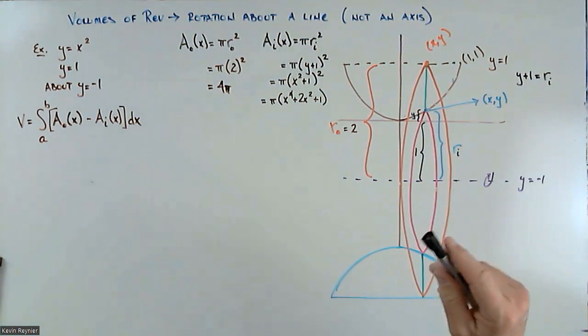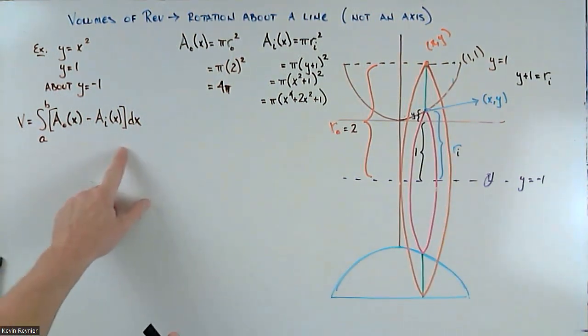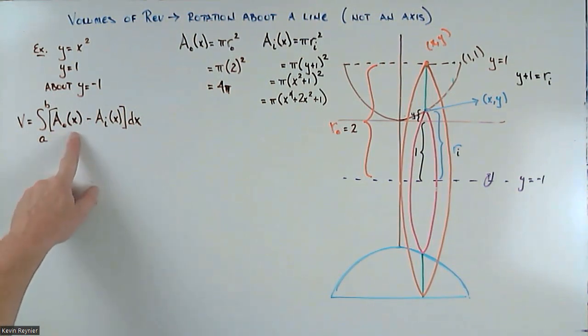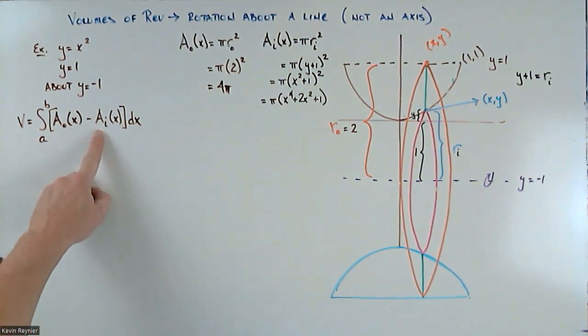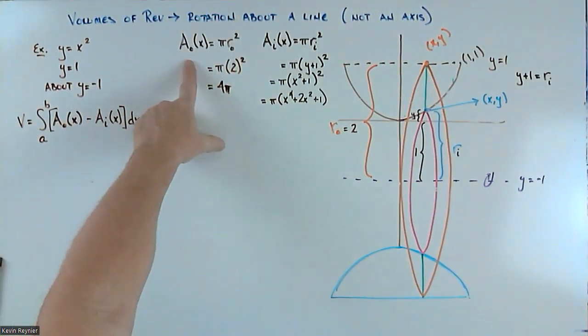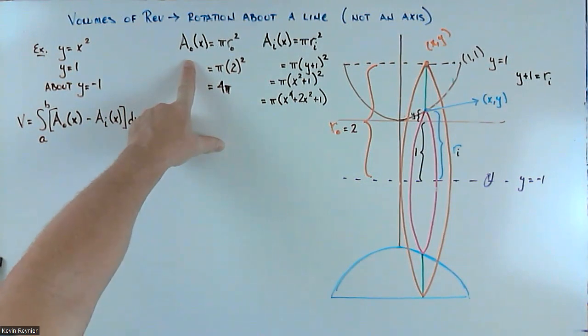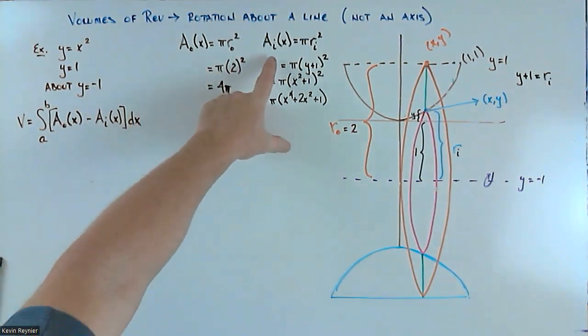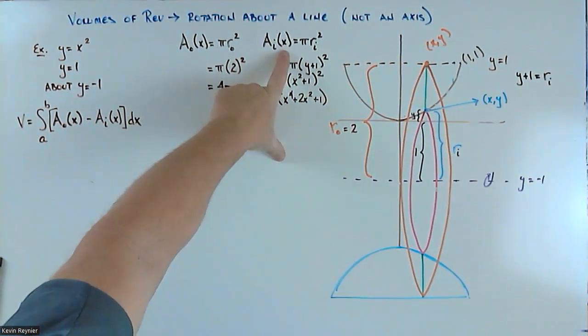That was the key that unlocked the door that said to write it in this form, because it's a washer. Outer area in terms of x minus inner area in terms of x dx. I then expressed what I needed to find. I needed to find my outer area function in terms of x, my inner area function in terms of x.